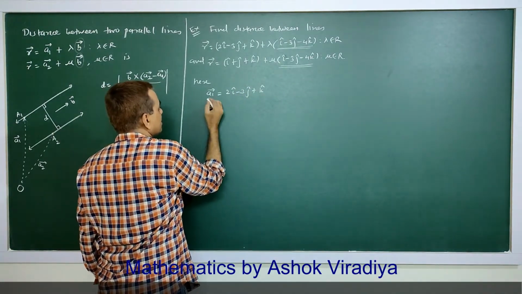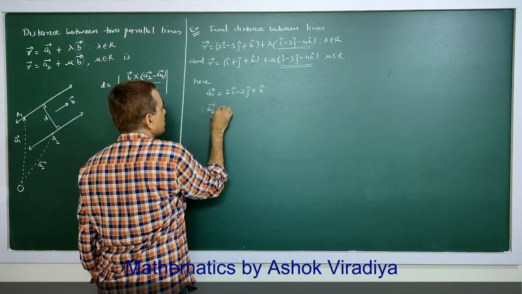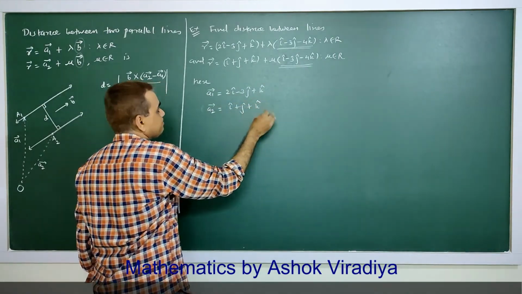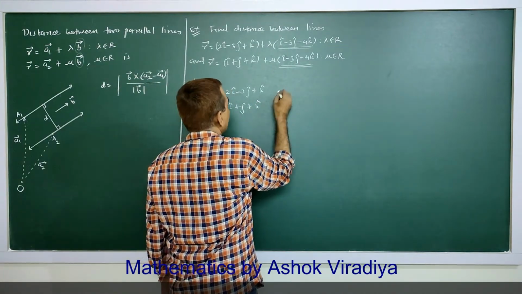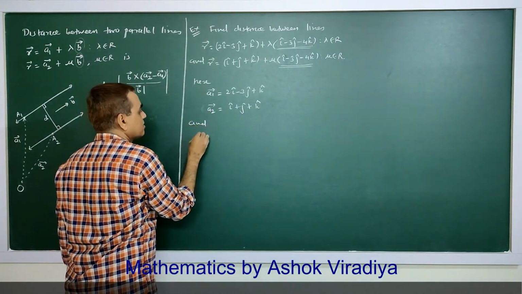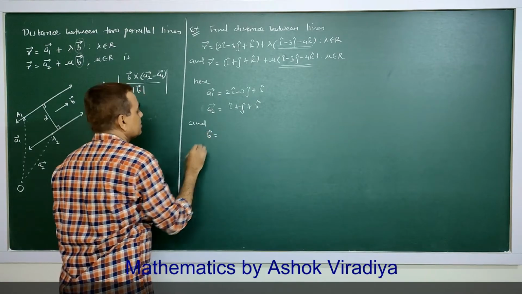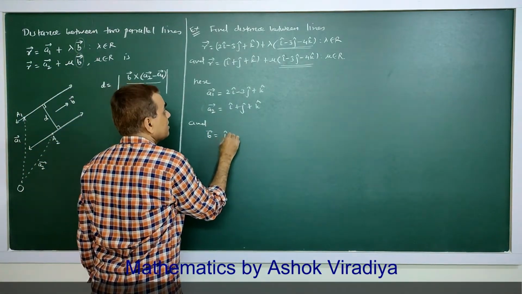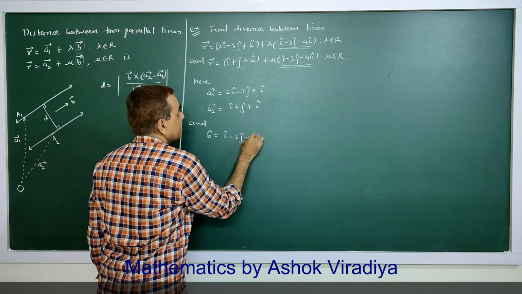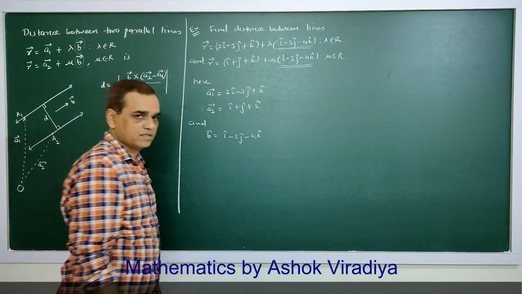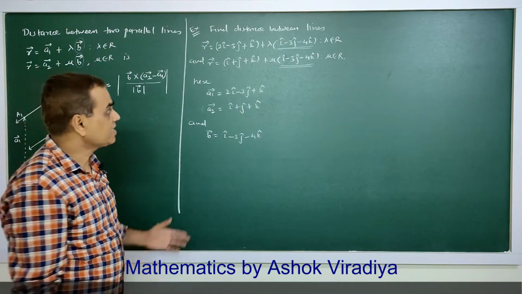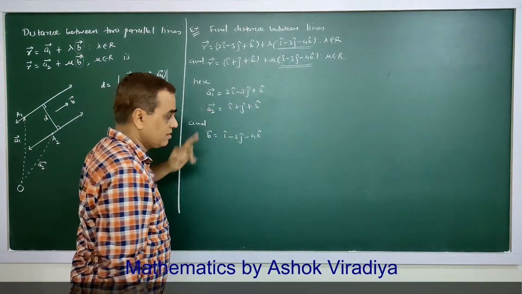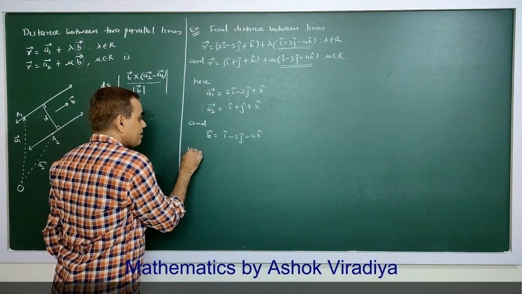Vector A2, from the second equation, is i plus j plus k, and this vector B is i minus 3j minus 4k. Both lines are in the direction of the same vector, so the lines are parallel.